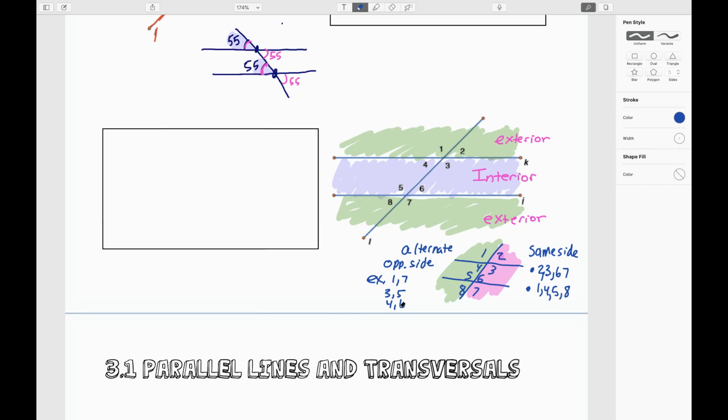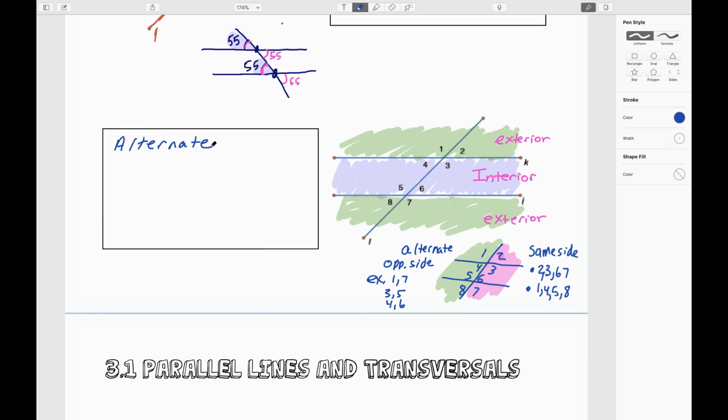When you put those two concepts together, interior and alternate, it can give you some specific relationships. Same side, exterior. Same side, interior. And so that gives you an idea. The one we're going to talk about right now is alternate. So not on the same side. One's on the left, one's on the right.